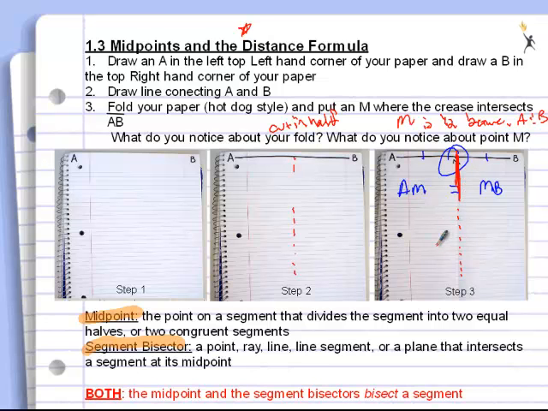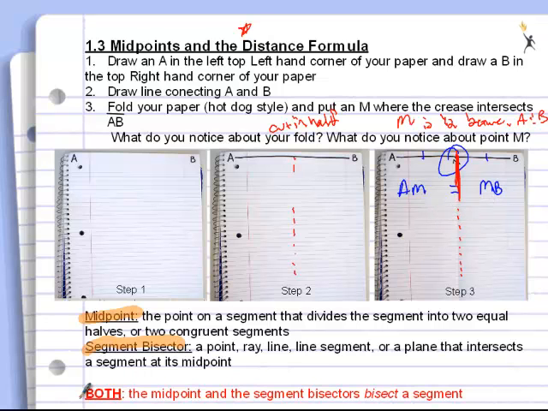So the fold that we made would be the segment bisector. Bisect, by the way, means cut into half. It bisected line segment AB. Well, if it bisected the segment, it's the segment bisector.